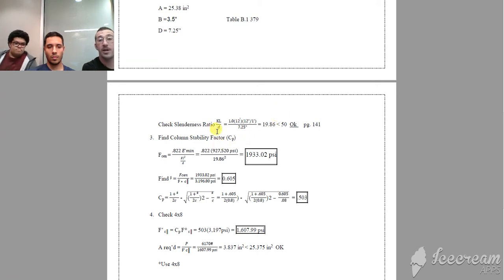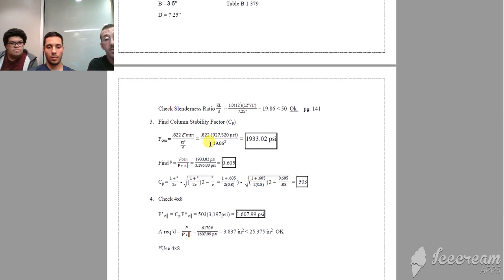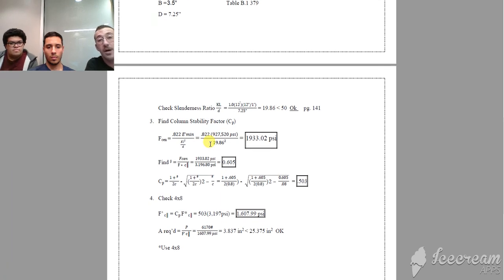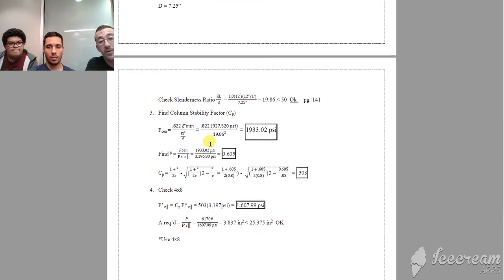So like Mohammad and Luis had said initially, we had to find out this column stability factor for a southern pine, and we had a 12-foot tall column. So if you look down here at our FCE, we had a given value of 0.822 and our E prime min that we had found out earlier in our problem. So after we put that all over our slenderness ratio, like Mohammad had mentioned, we came out with a number of 1,933 psi.